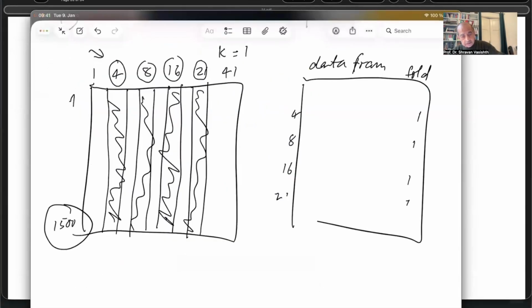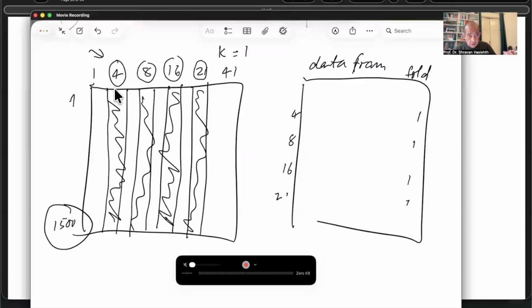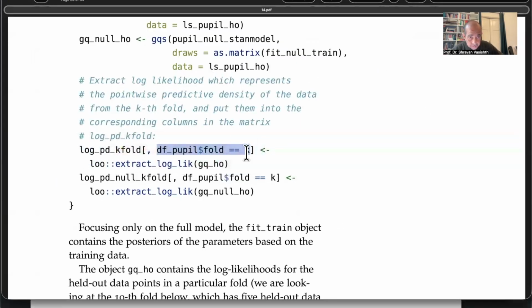Each of these 4 data points' log likelihoods is actually a vector containing 1500 values because we have 1500 samples from the posteriors. Therefore, we are going to put all those 1500 values for each of the data points into this empty matrix, in the relevant columns. That's what this piece of code is doing.